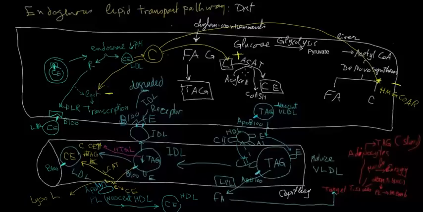So it will convert cholesterol in effect to cholesterol ester. The action is similar to the LCAT. So we have ACAT and we have LCAT. ACAT functions within the cell. The ACAT in the enterocyte, if you remember, functions inside the cell. The liver ACAT also again here functions inside the cell.